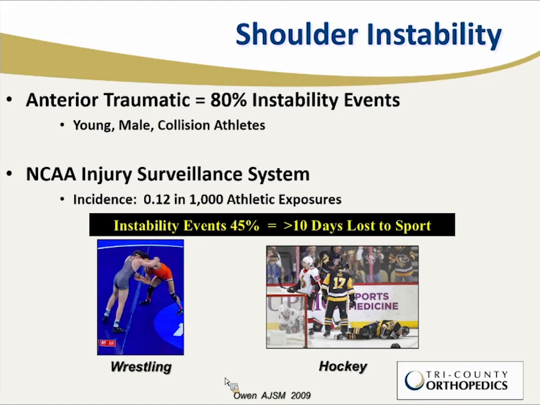And interestingly, for the athlete that's participating, these instability events, at least half the time, lead to a significant or substantial time away from the game. So in this one study, greater than 10 days, almost 50% of people were lost to participation. And that's a lot when the season's short.